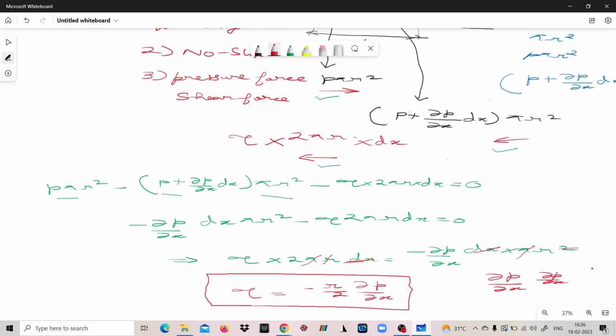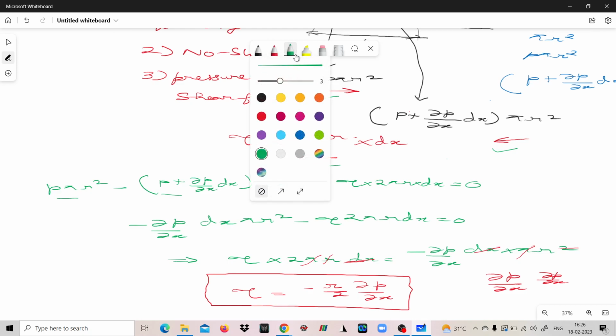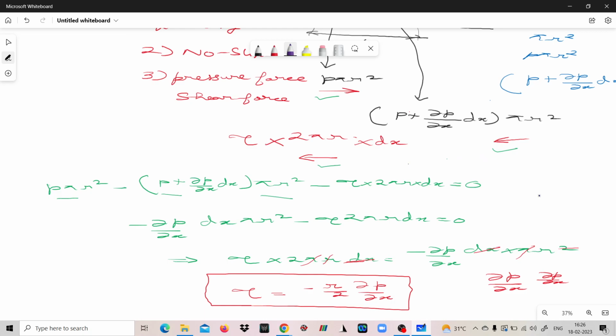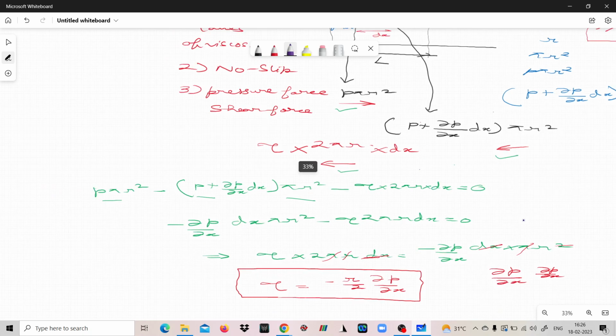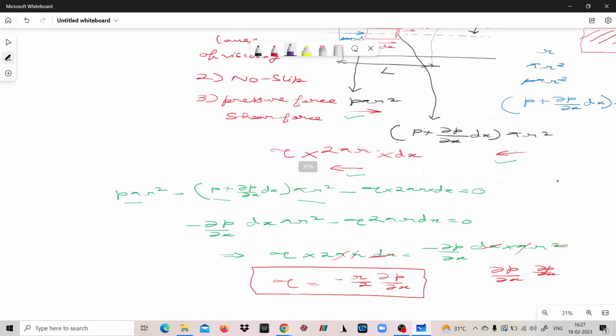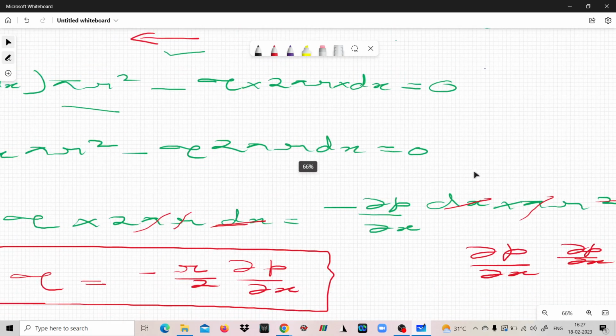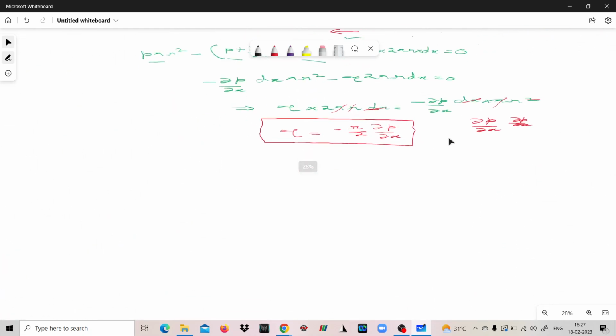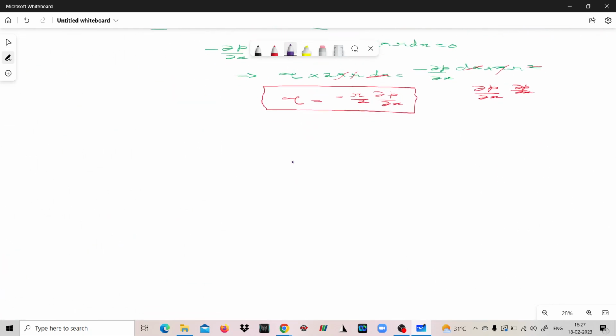However, this equation has many other important conclusions which can be drawn from it.